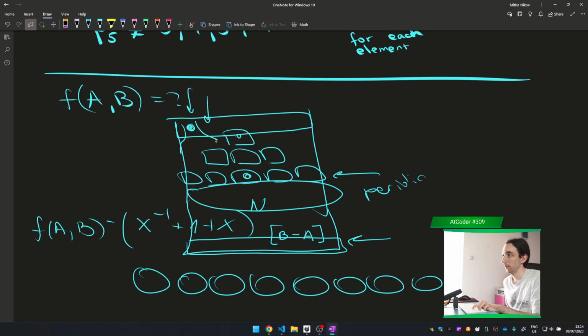Here it will fill like this, but if we do it for each a, we cannot just... yeah, this is heavy mathematics here. This is heavy combinatorics.